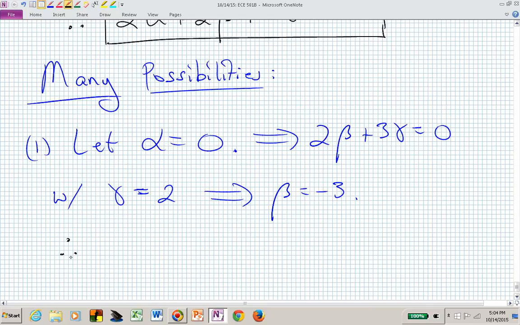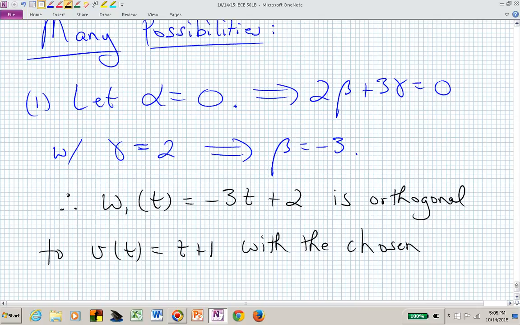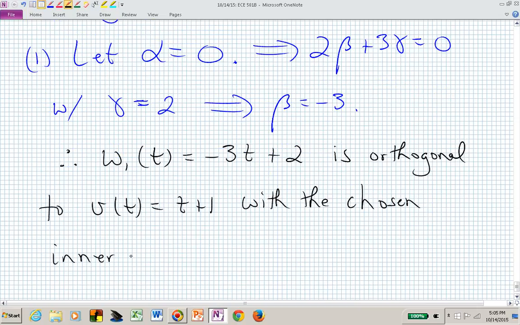We now have one polynomial that's orthogonal to V. We can say that W1 of t, which is beta times t, minus 3 times t, plus gamma, which is 2, is in fact orthogonal to V of t equal to 2t plus 1 with the chosen inner product.